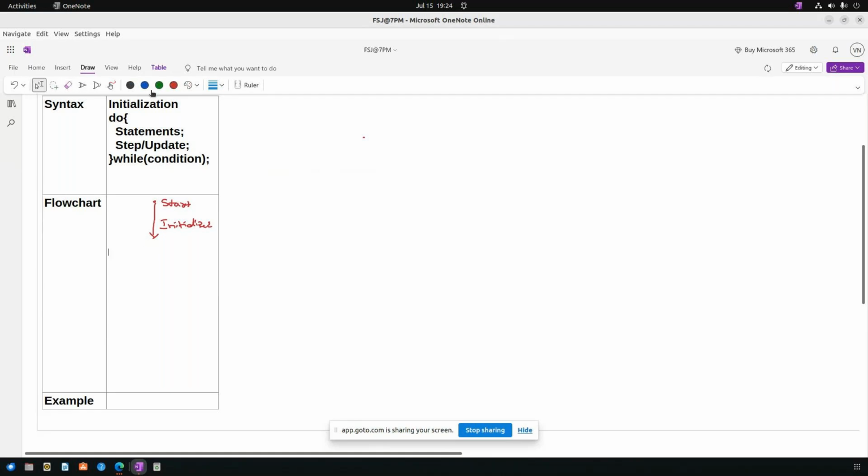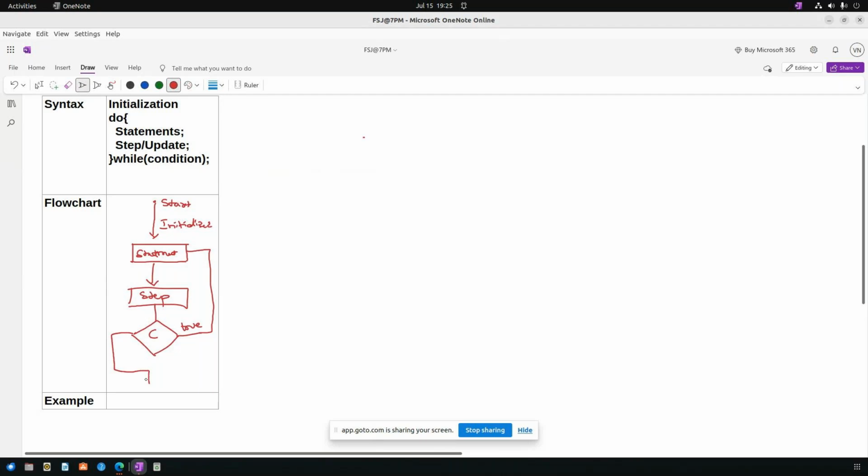In the while loop you had the condition first, but here you will have the statement. After the statement, you will look at the step, and after the step, you will look at the condition. If this condition is true, we again go to the statement. If this condition is false, we will come out.